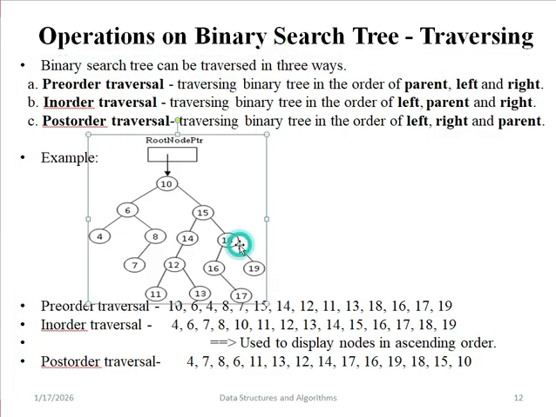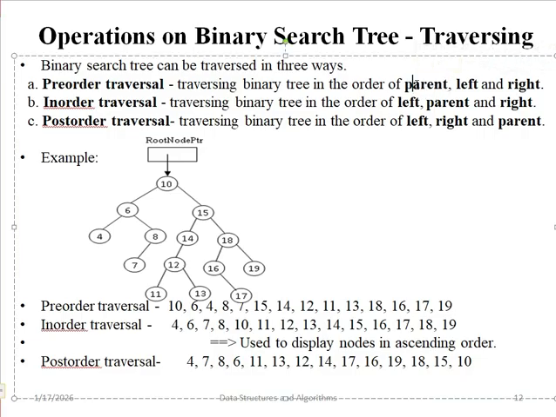So in pre-order, this traversal depends on the terminology, on the position where we should display the parent value. For pre, the parent should be displayed first. For in, the parent should be displayed between left and right: left, parent, right.